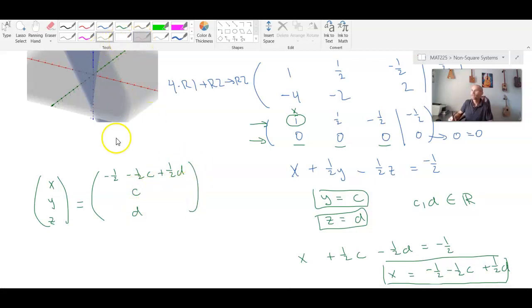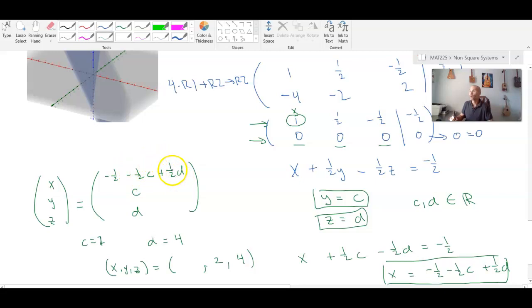So let's just do an intuition check. Let's say c equals 1, d equals 2. Let's say no, c equals 2, d equals 4. So that means the ordered triple that will work for these values will be, well, y has to be equal to 2, z has to be 4, and now x is going to be negative 1/2 minus 1/2 of c, that's negative 1/2 minus 1 plus 2.